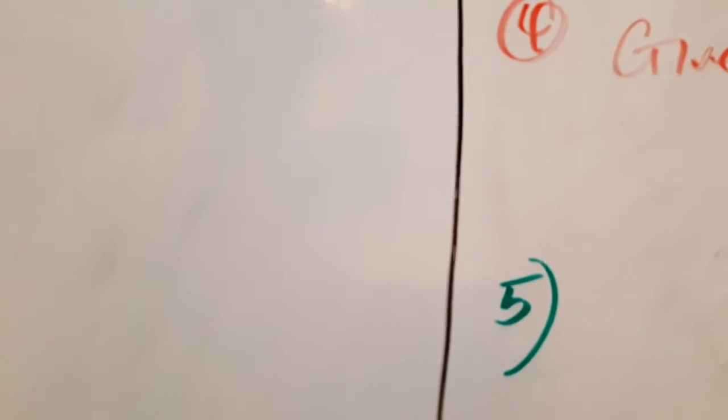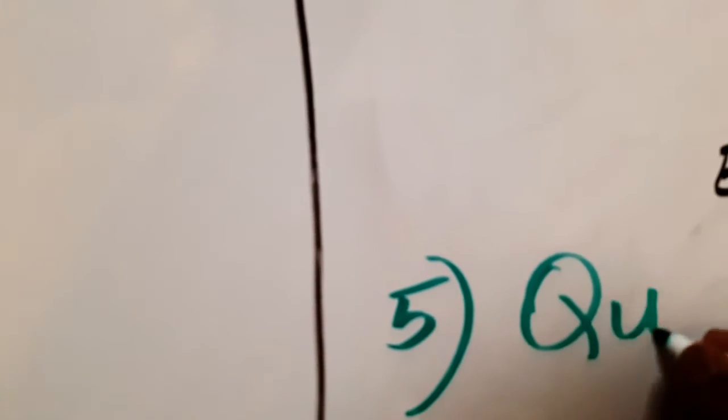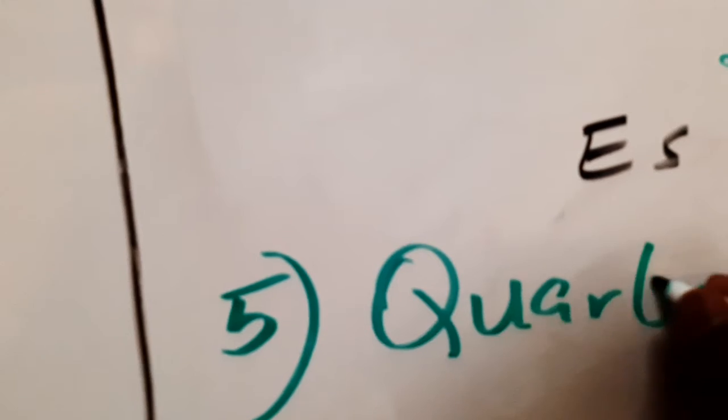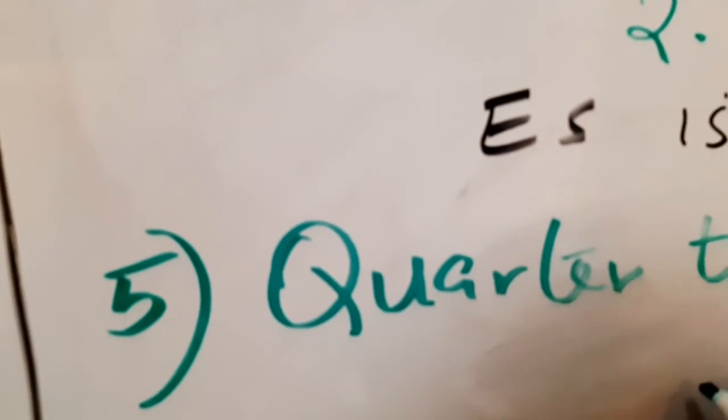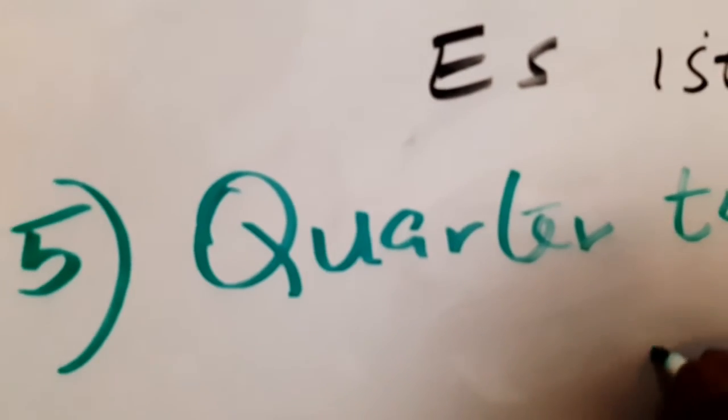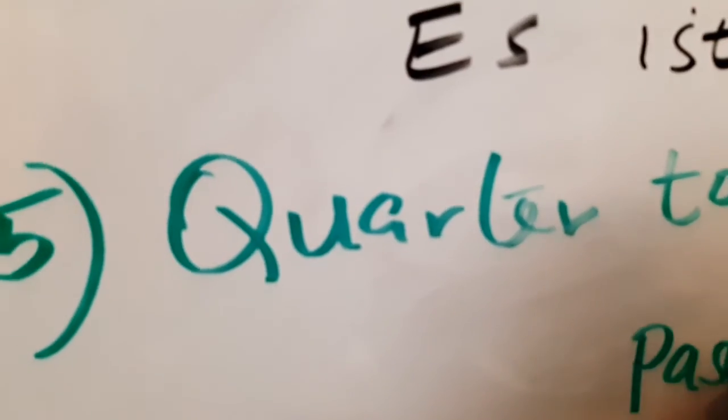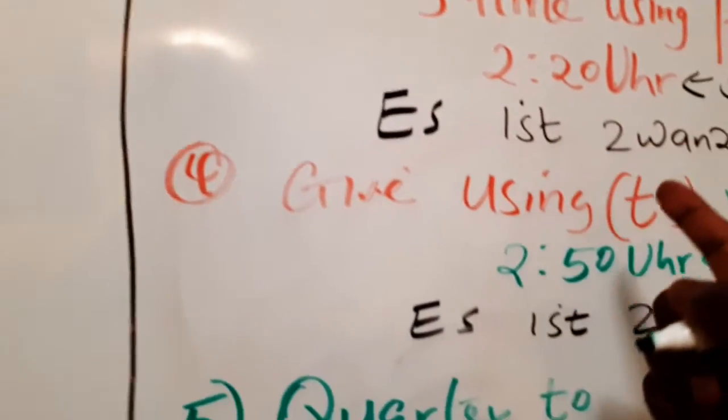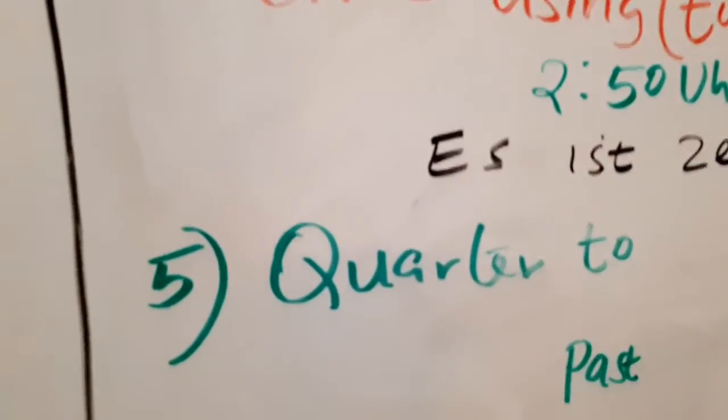Number 5, if you want to say quarter to, either quarter to or quarter past. So you remember we have used past and to in the previous example.